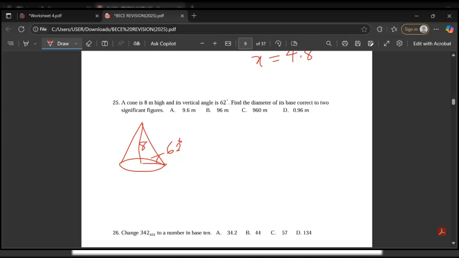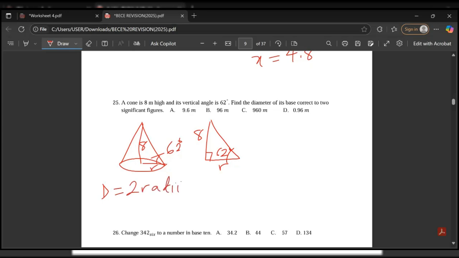So that means we're going to bring out this right angle triangle. This is 8, this angle is 62, and this is the radius here. So once we find the radius, we just multiply by 2 to get the diameter. We know diameter is 2 radii, right? Hope you know that. Please don't forget.